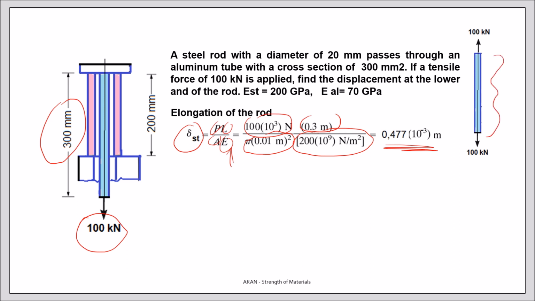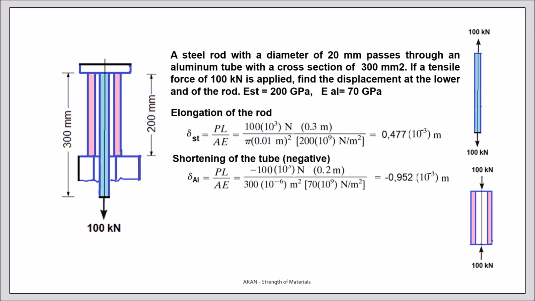What about the pink tube? The pink tube is compression. So this force is transferred with the help of this piece to the tube, and the tube is under compression, same force, but it is negative because it's compression.